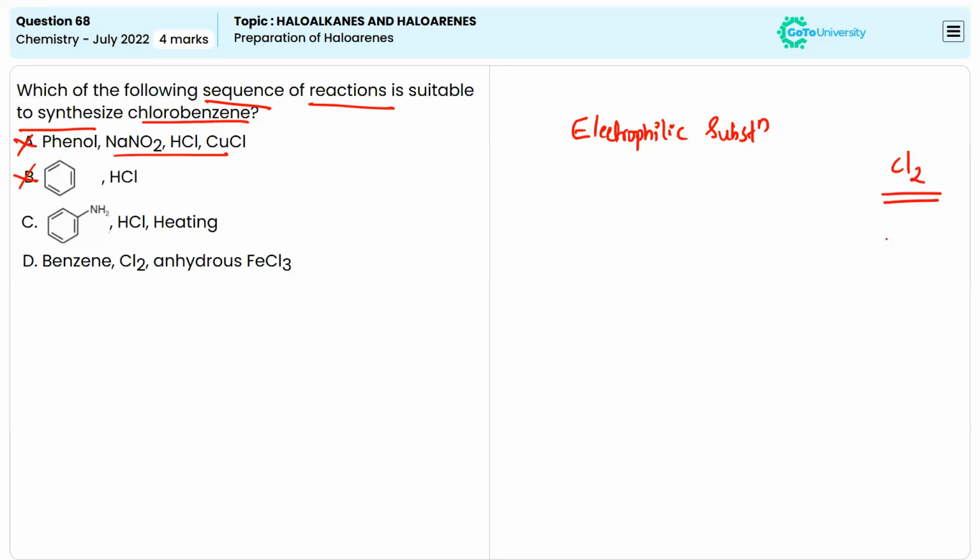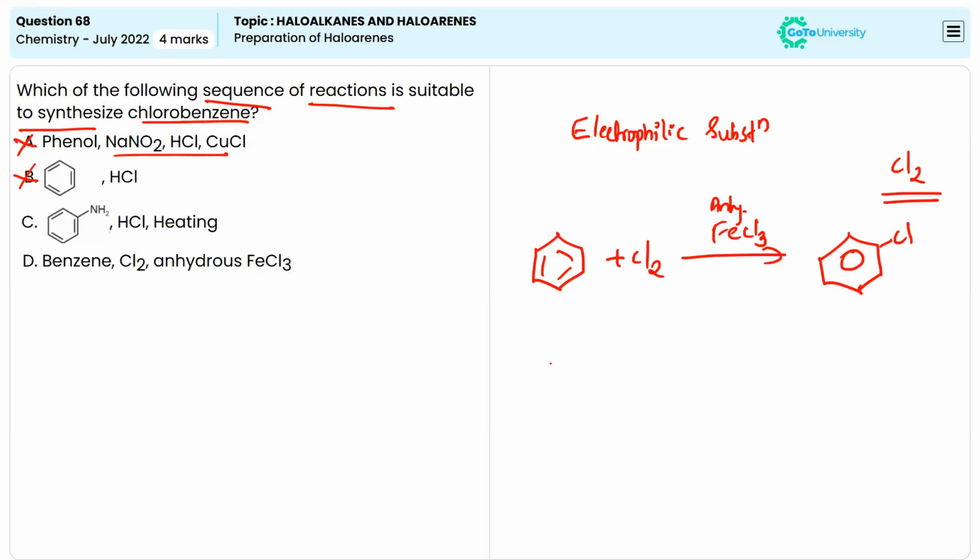In order to act as an electrophile, the chlorine should be taken in the presence of a Lewis acid such as anhydrous FeCl3. So here we can write the reaction: benzene reacts with chlorine in the presence of anhydrous FeCl3. The hydrogen atom from the benzene will be replaced by chlorine.